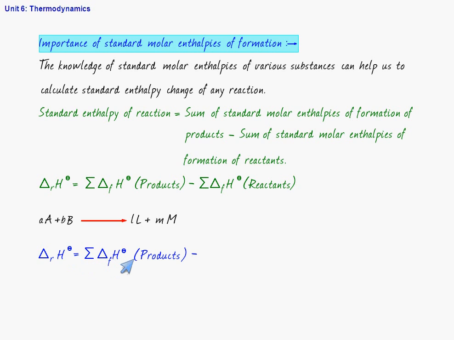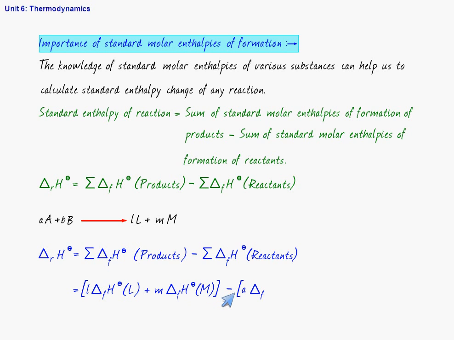So this is going to be l times delta fH naught of L plus m times delta fH naught of M, minus a times delta fH naught of A plus b times delta fH naught of B. So this will give you the standard enthalpy of reaction.